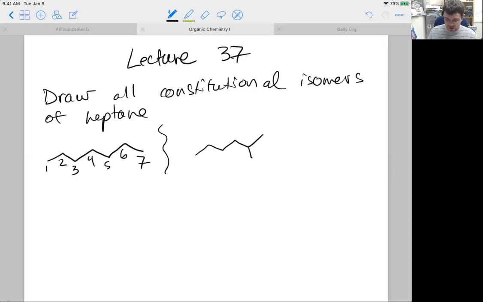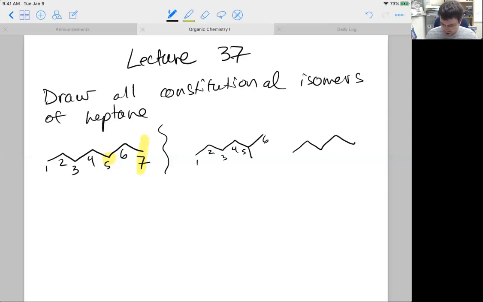It's as if I pulled this carbon atom and moved it into this position, so instead of being connected to C6, it's connected to C5. And I just do that as much as possible.